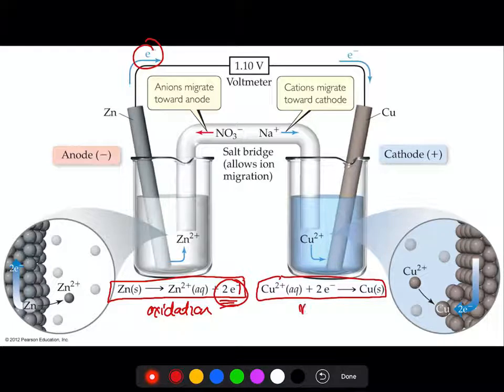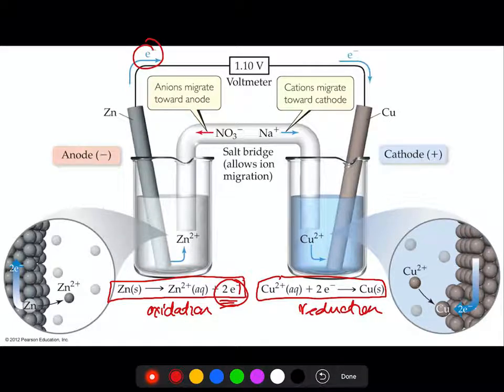Here we have our reduction. They flow from there to there, through a wire. In this case, we're using a voltmeter, but any small device that can be powered by electrons could be sitting there also.